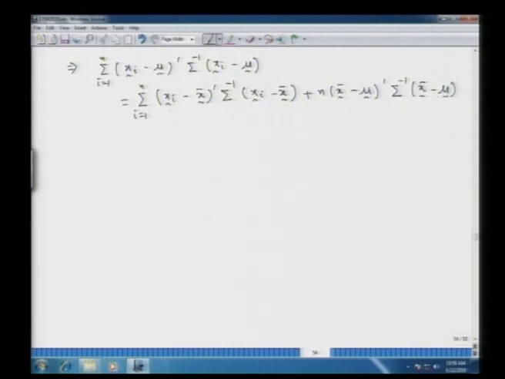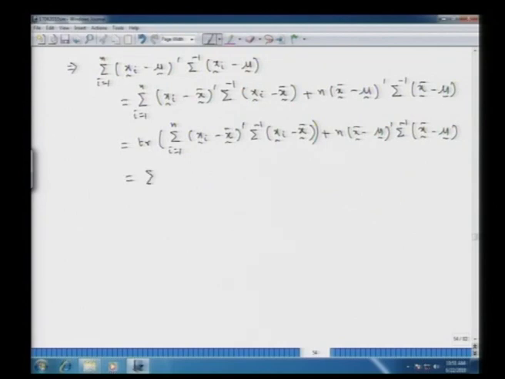Now this is a scalar quantity, and hence we can write this as the trace of this term here, summation i equal to 1 to n (xi vector minus x bar vector) transpose sigma inverse (xi vector minus x bar vector). Leave the second term as it is, n times (x bar minus mu) transpose sigma inverse (x bar minus mu). Now, trace of A plus B is trace A plus trace B, and hence we can take the trace inside.